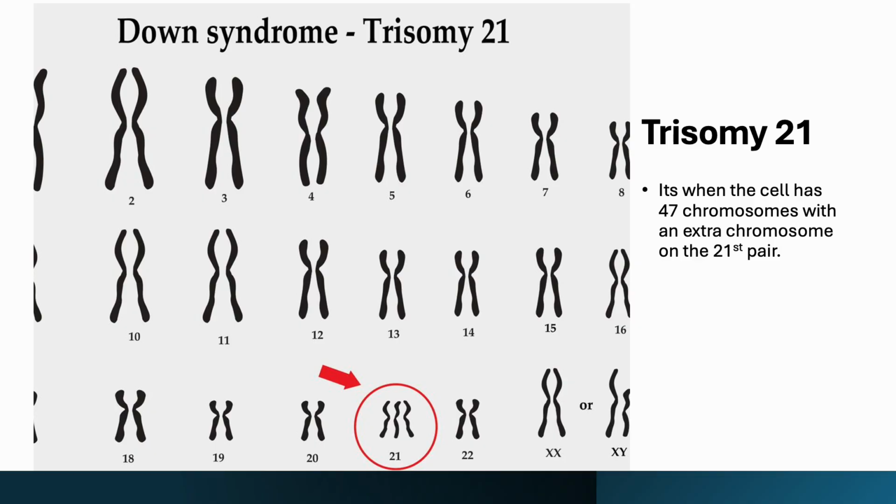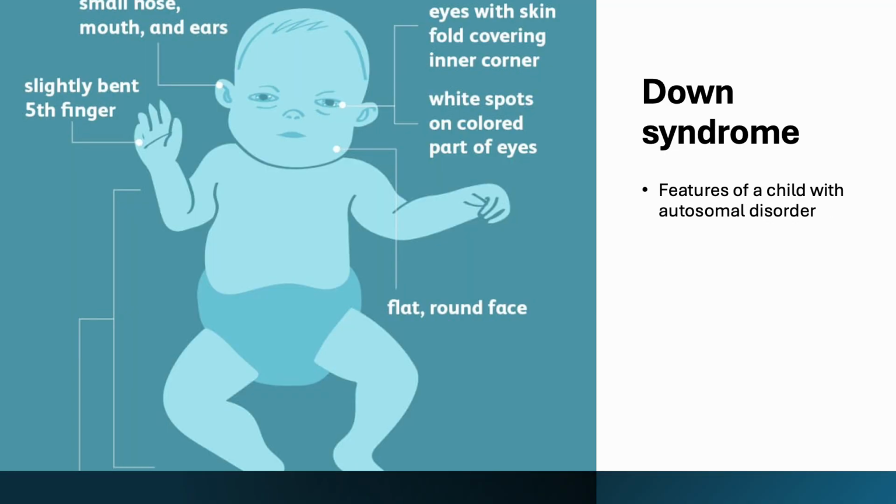We've seen Down syndrome kids, they have slightly bent fifth digits, they have white spots on the colored parts of the eye, flat round face shape, small nose, small mouth and ears.